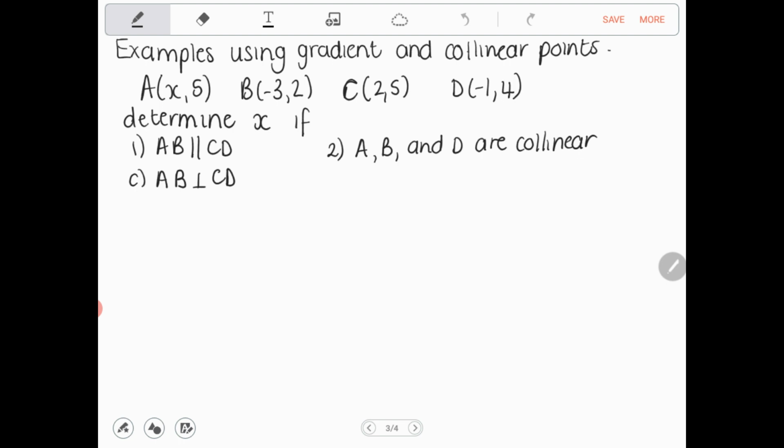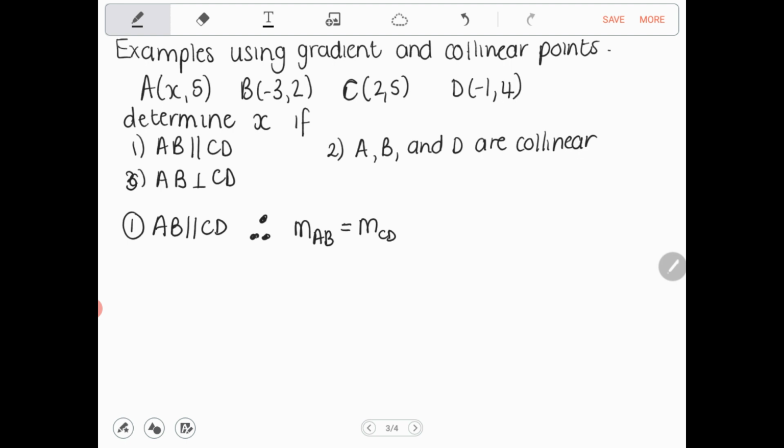And we're told for question 1 that AB is parallel to CD, so the gradient of AB has to be equal to the gradient of CD. That is a fact.